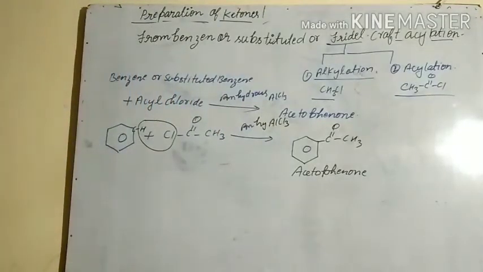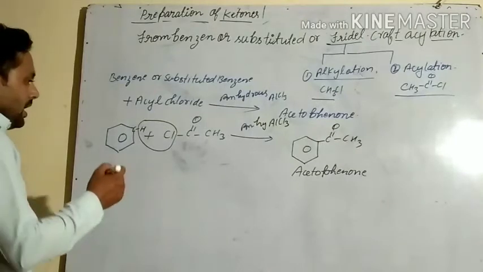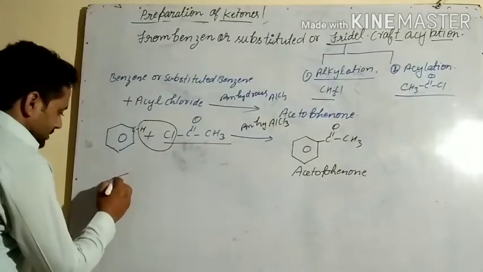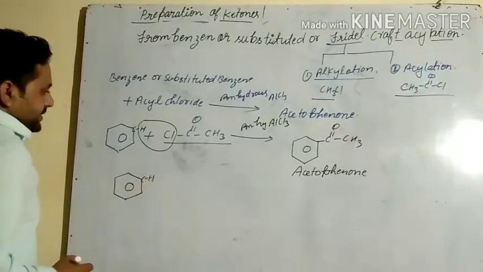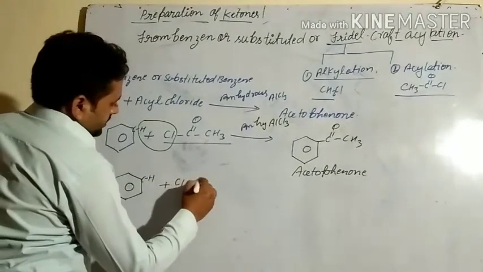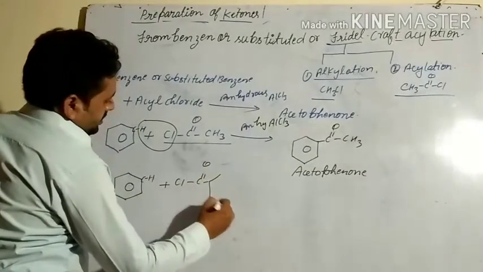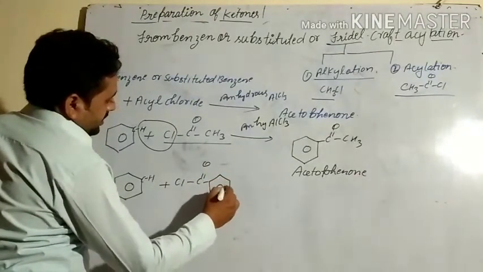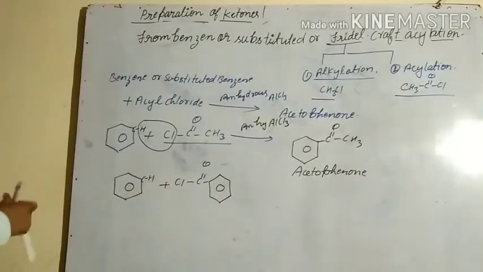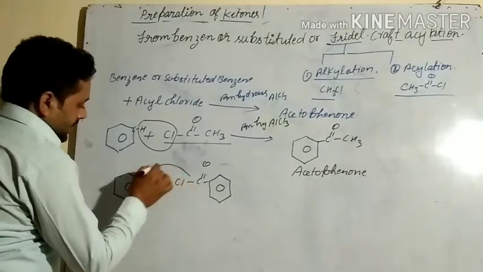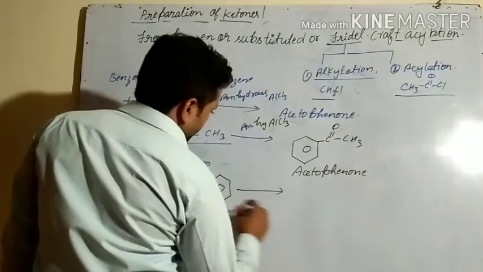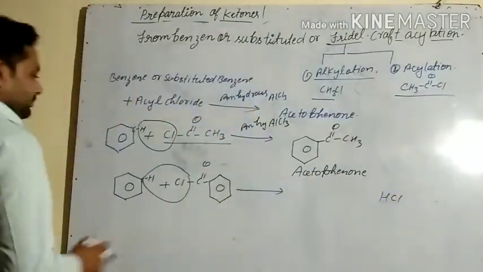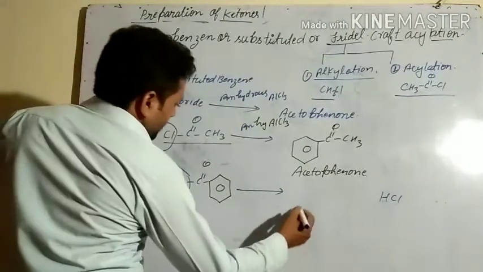Okay. If instead of this we take another like this, for representation I wrote here Cl, CO and here, so again Cl from one molecule and H from another molecule will form HCl, and what is remaining?